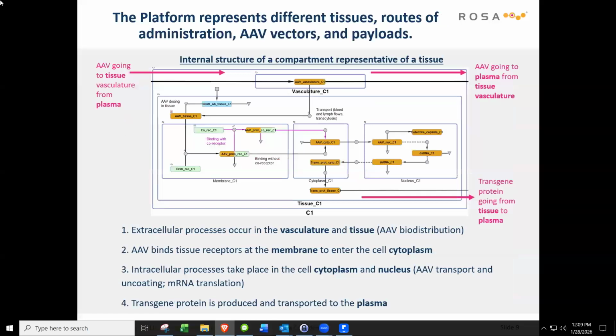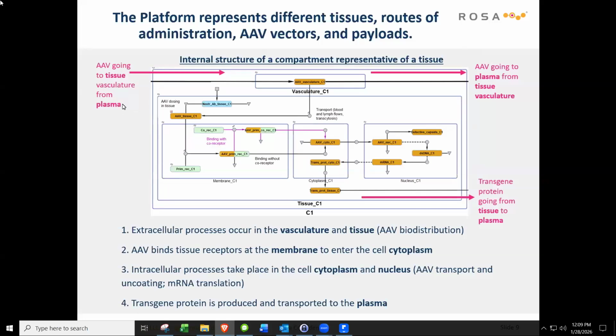Now, all these are connected through the planar picture. But if we go to the internal structure of a compartment, for example compartment 1, all of them, in the current state of the model, are similar, but they are defined in terms of different parameters. Internally, they can also be adapted to represent specific characteristics of a tissue.